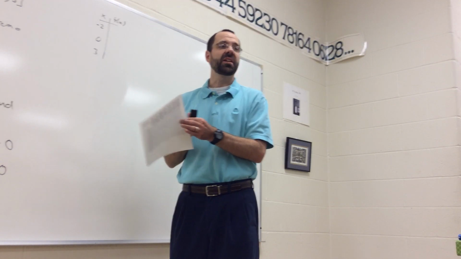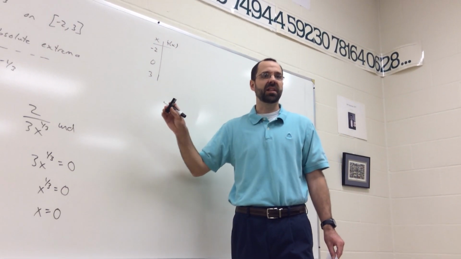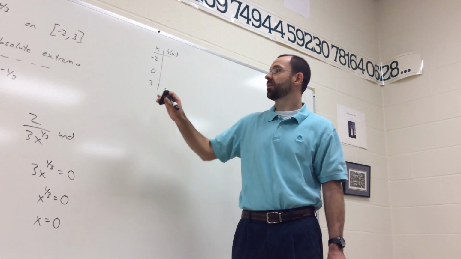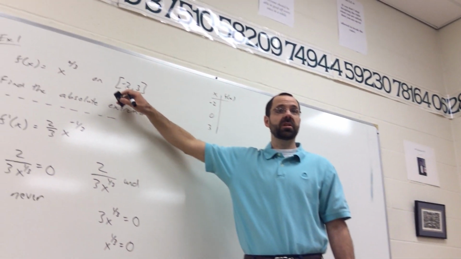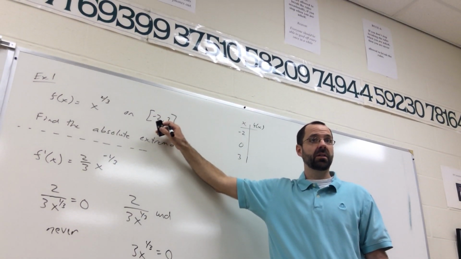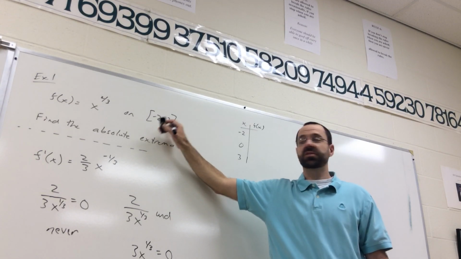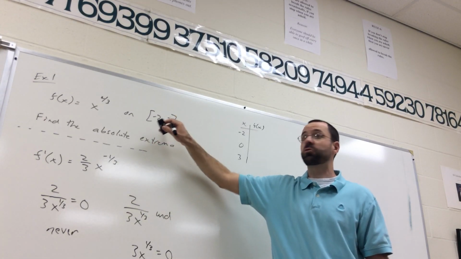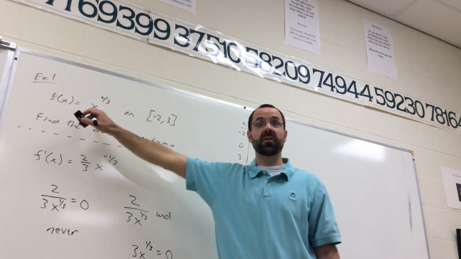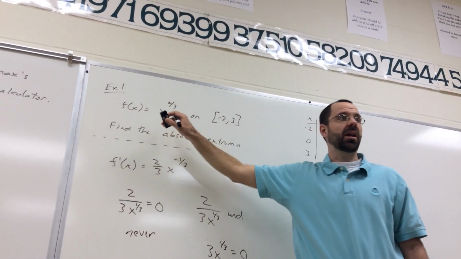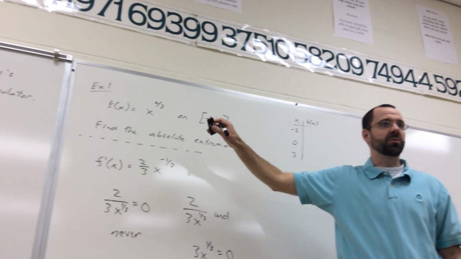So really what's happening is this method is saving us a lot of time. There are infinitely many numbers in between -2 and 3. And so if we had to find the absolute max without some method like this, we'd have to try every one of them into the function and then see which one was the biggest one.